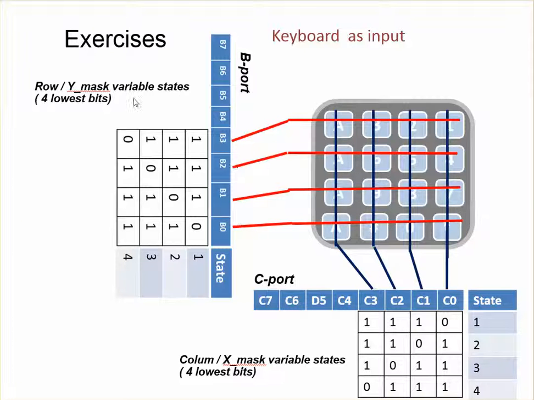And how do we do this? How can we change the status of the P ports? We could take a so-called mask variable, and output the mask variable to the P port, and then the value of the mask variable will control which line is up or which line is 0.